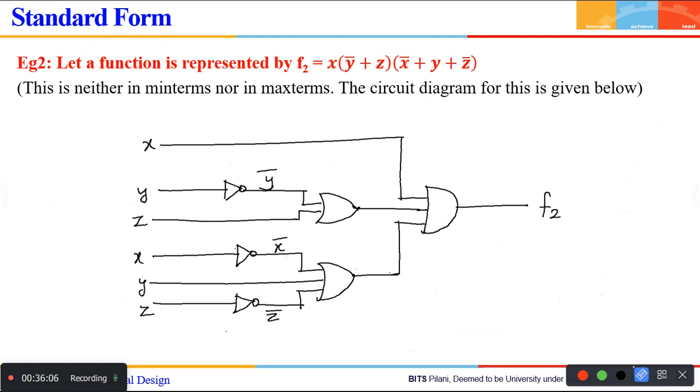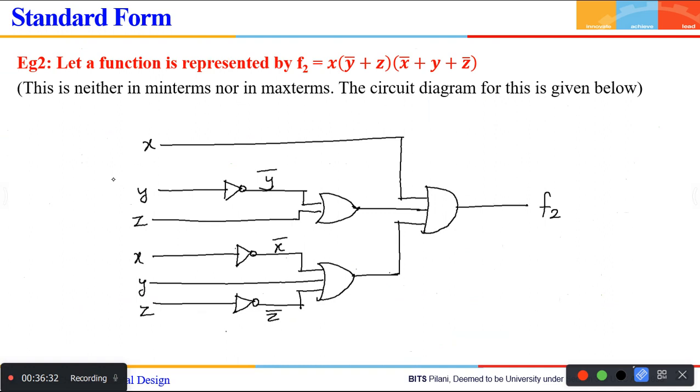In such a case, can you just implement it using only basic gates? Try this, don't look into this. You do it yourself, and after that replace every gate by NAND gates.